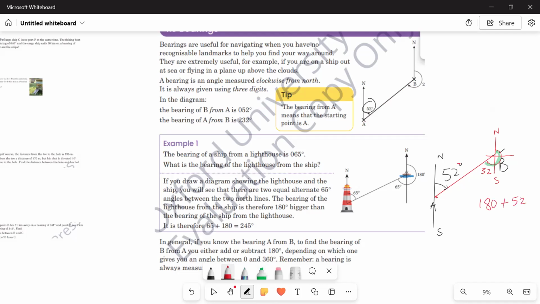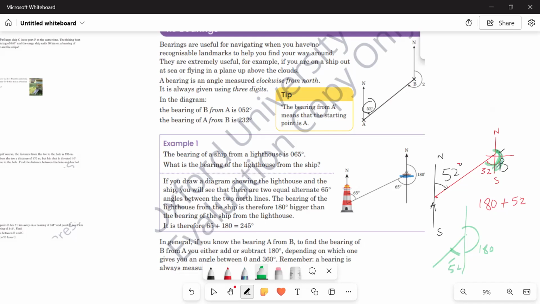So this straight line angle and the angle above the straight line, we will add, and it becomes the back bearing of A from B. Is it clear now?